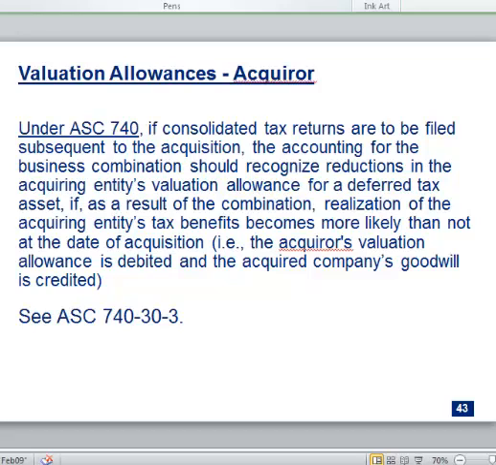The answer is complicated, but let's assume yes. Okay? So Section 384 would probably stop it, but let's assume that 384 doesn't exist and you can use those NOLs. Okay?